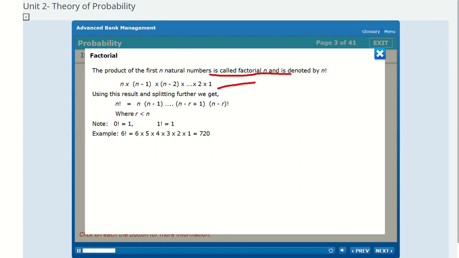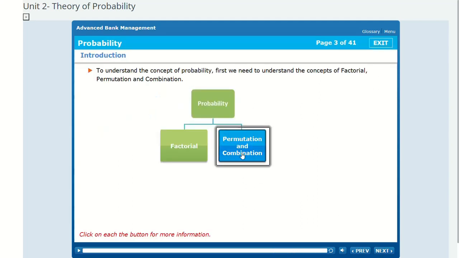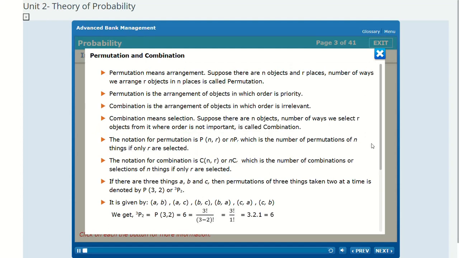Using this result and splitting further we get permutation and combination.